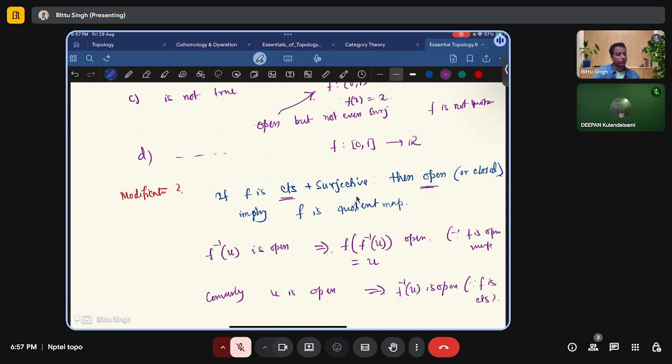So we get the condition that F inverse of U is open if and only if U is open. This is the if and only if condition, given the additional assumption of continuous plus surjective.